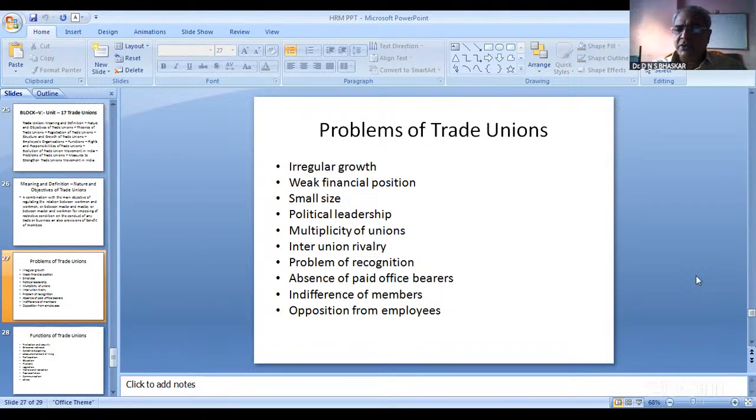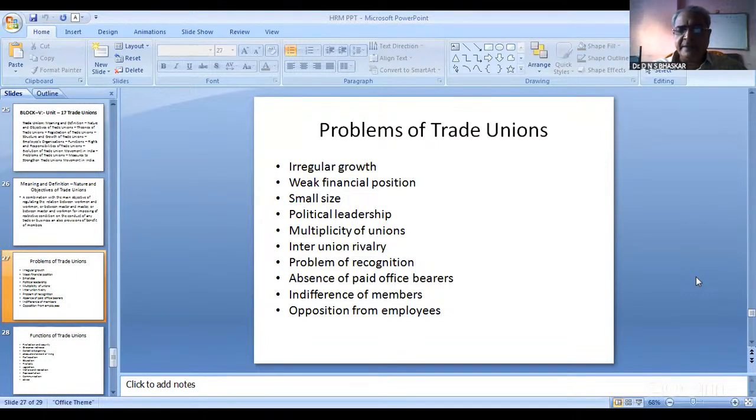The office bearers, that is the trade union secretary, chairman, or treasurer, are all considered office bearers. If no payment is made to them, they will feel it is free service and may not be able to put all their efforts into this activity. And lastly, indifference of members is there. So there is no question of any deviations in the members. That is another important problem.